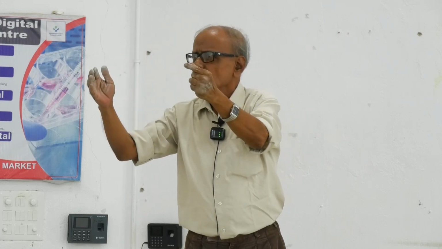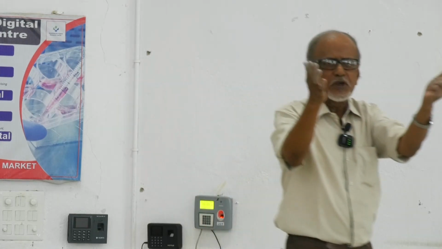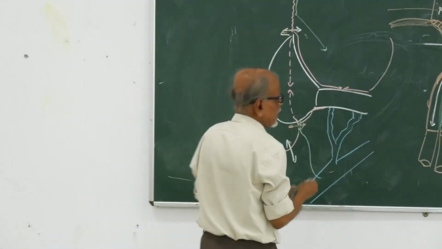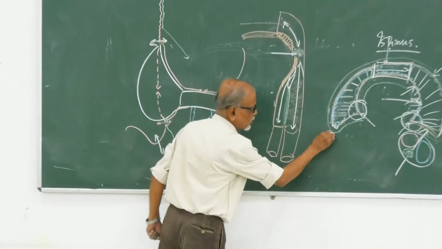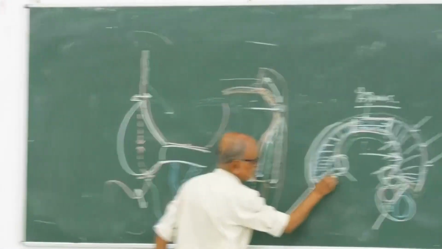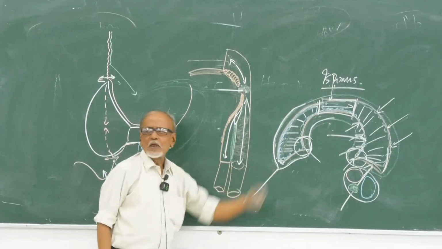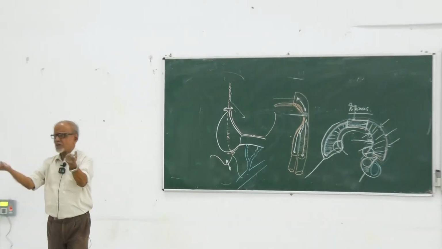If we trace the layers of the false capsule below: the pretracheal fascia is approaching the gland like this, and splits into two. As it encloses the gland, it splits into two layers.